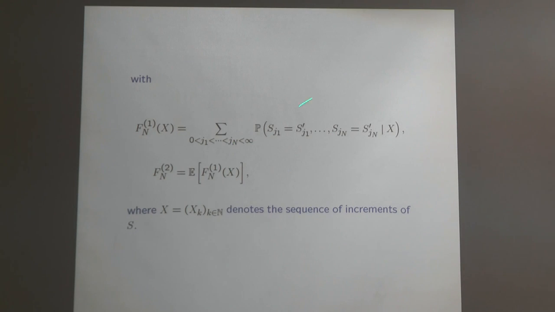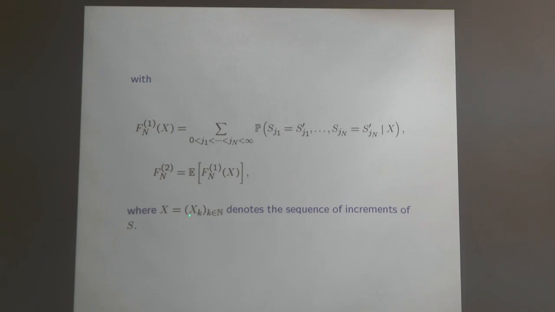This is basically the probability conditioned on X that I will have at least n self-intersections.